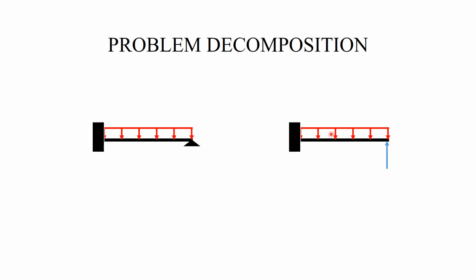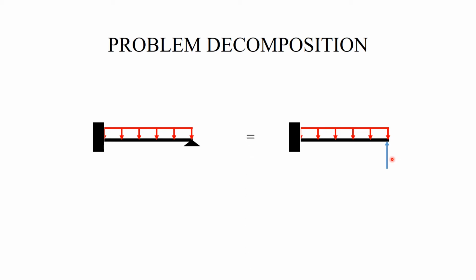And so I end up with a cantilever beam. But of course, because I remove the roller, I have to put here a reaction force. And so I can think about the statically indeterminate beam as a superposition problem for a cantilever beam subjected to the original load plus the reaction force.